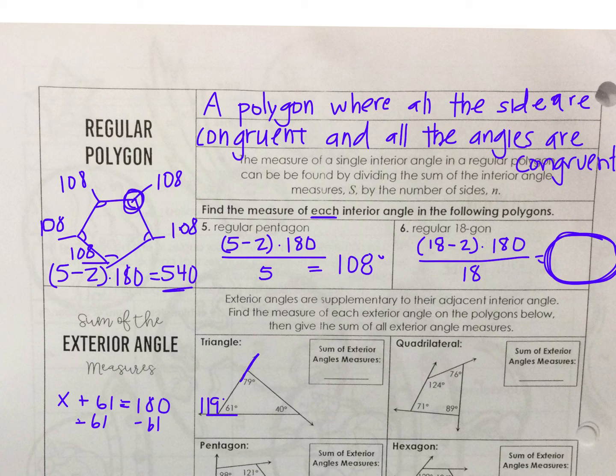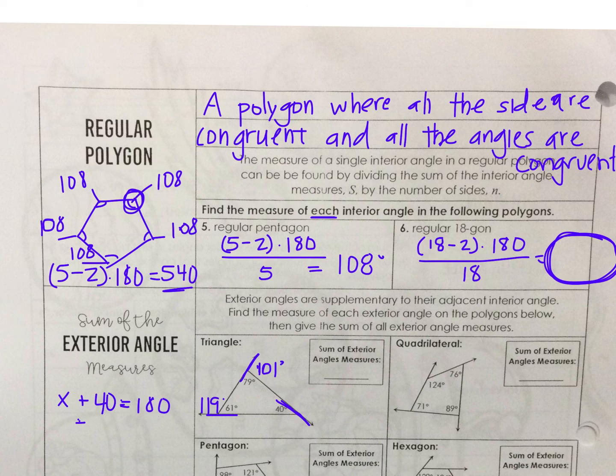This one has a 79 on one side. So I'm going to say instead of 61, I'm going to say 79. When I subtract 79 from 180, I get 101 degrees. All right, let's do this last one. One side is 40, the other side we don't know.